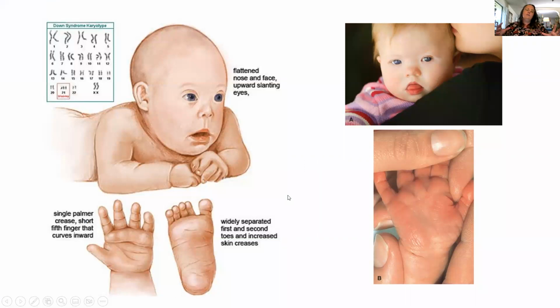Now, one of the more inclusive language ideas that I try to catch myself and say, instead of saying Down syndrome baby, we would say baby with Down syndrome, because it's still a baby. It just happens to also have Down syndrome. And so these are just some of the assessment criteria that we might see that lead us to think they might have this condition.